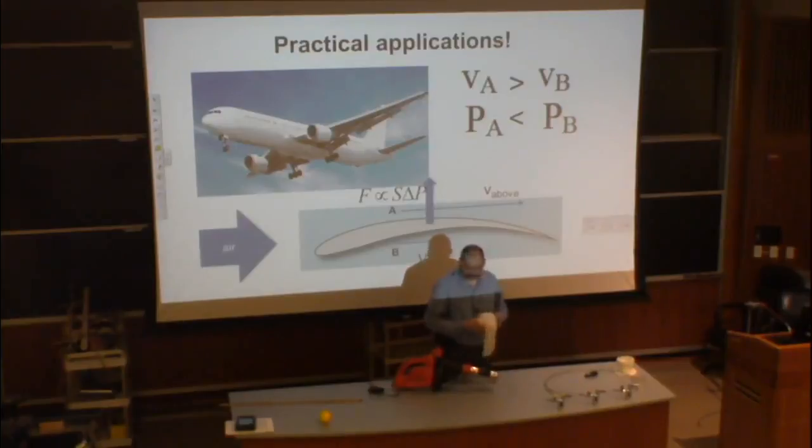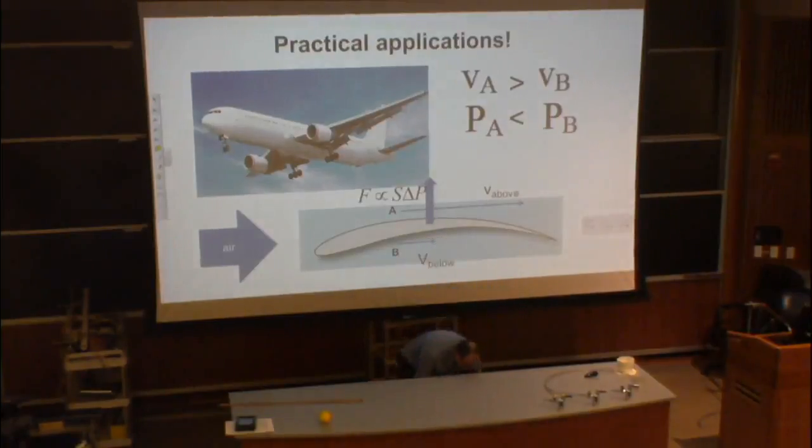You could have done just this. What's happening? Well, exactly the same thing. There's airflow above and none below. So fast, slow. Fast means low pressure, slow means high pressure. That's it, lifting force.